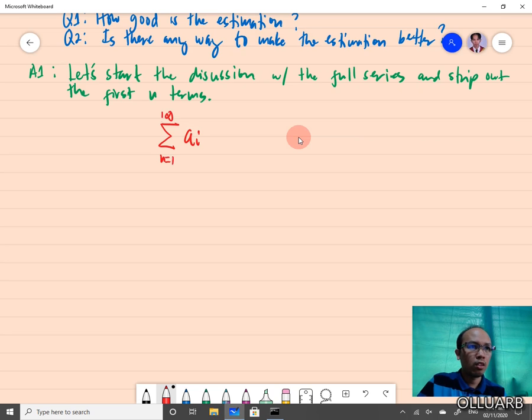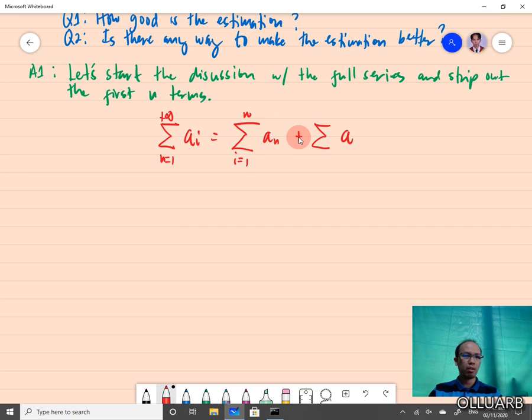And what do we mean by strip out the first n terms? So we have to dissect, I don't know if that's the right word, but just look at this notation here. This should be a sub i.